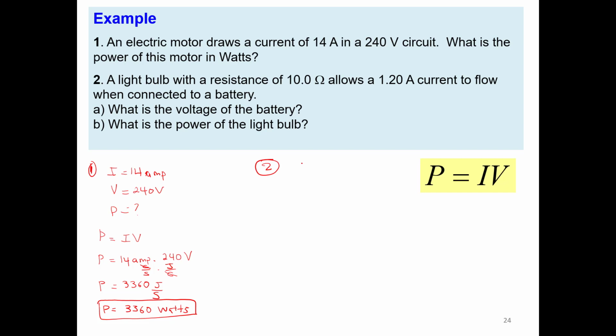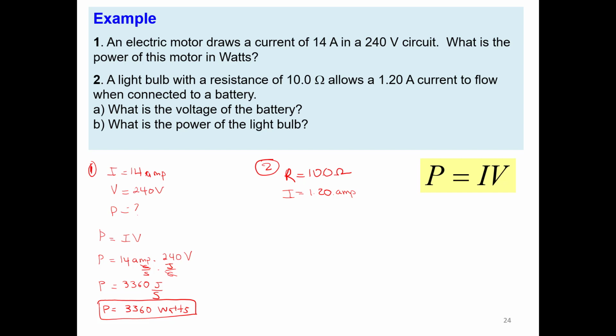Next, second problem. In this case, we had a light bulb with a resistance of 10 ohms, and it allows a 1.2 ampere current to flow when connected to a battery.